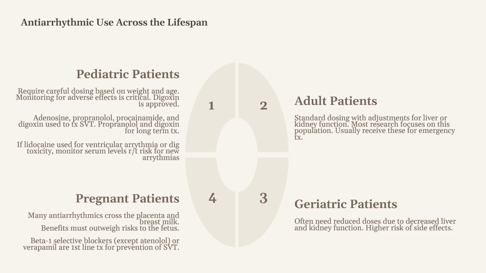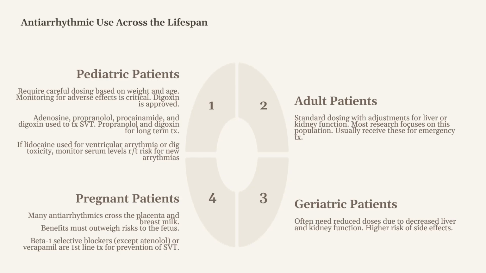For pediatric patients, it is very important that doses be monitored, and I'm going to say that is true for every single drug that you give. The dosing is going to be closely titrated based on their weight and their age. Even over-the-counter medications have charts that say for what age. So we want to make sure that we monitor for adverse effects.